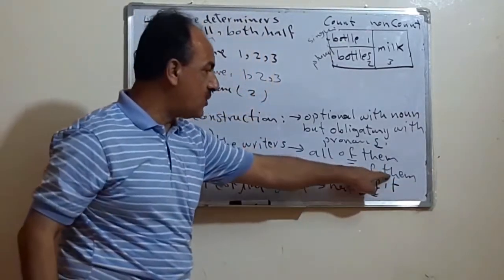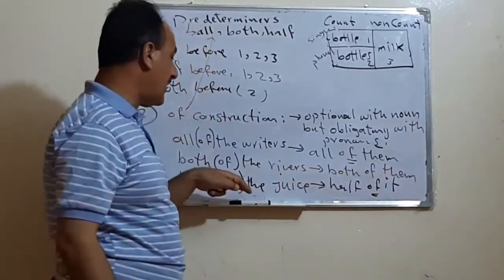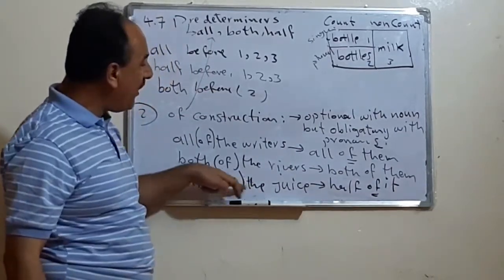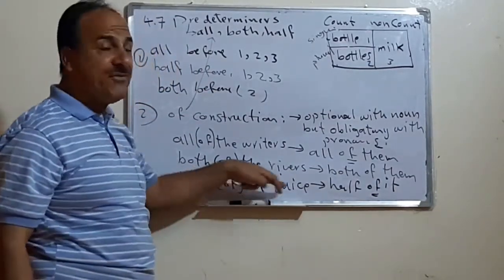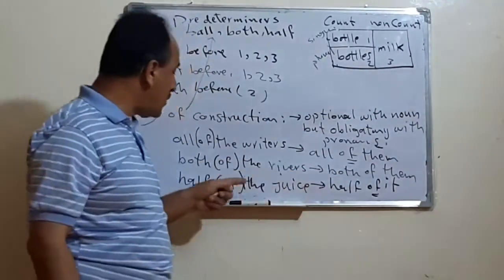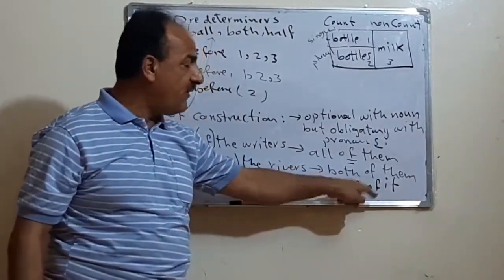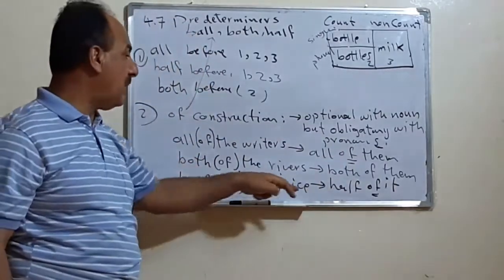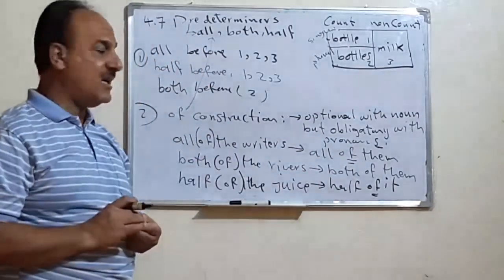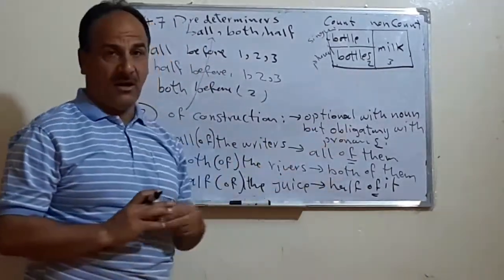It means the juice. As you know, juice is uncountable. So we say half of the juice, or we say half the juice. But when we change juice into the pronoun it, the of becomes obligatory.